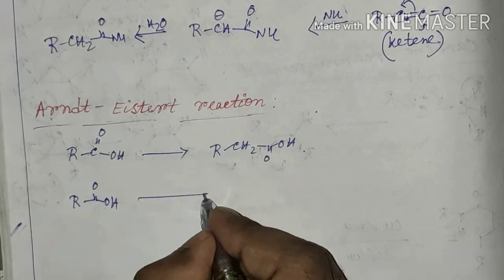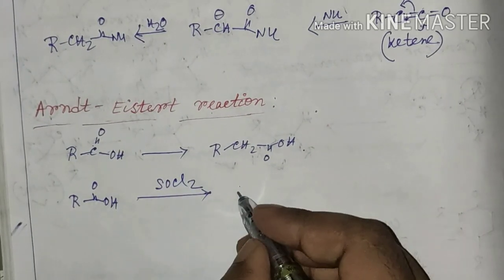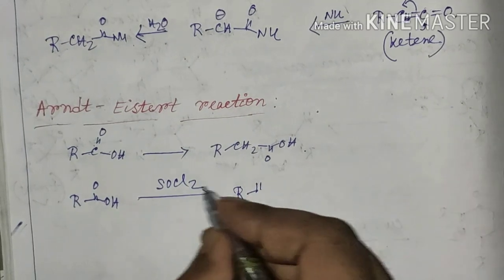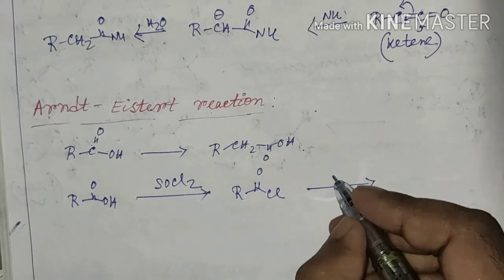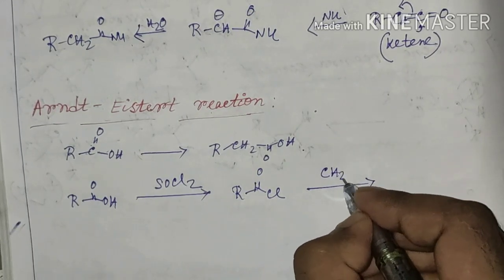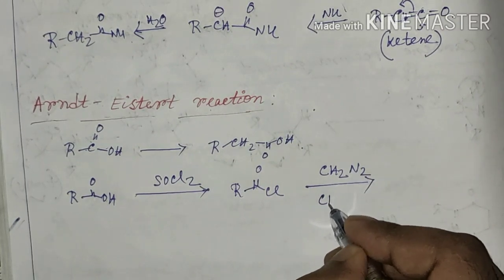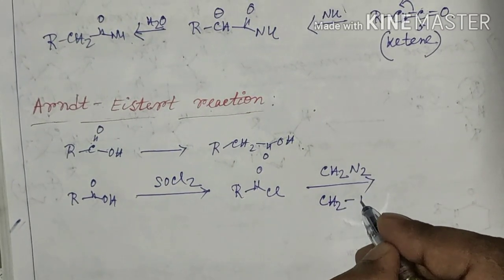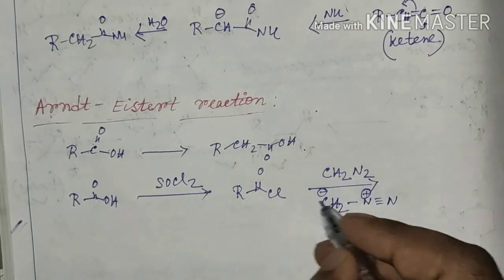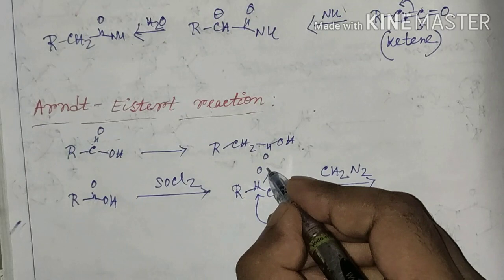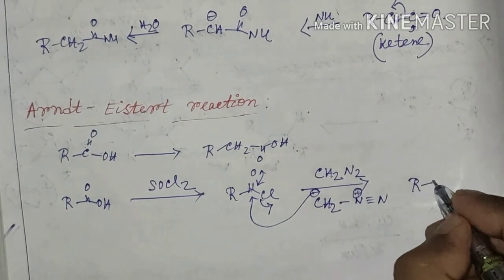At first the acid is converted to its corresponding acyl chloride by reaction with thionyl chloride, and then it is reacted with diazomethane, and one of the resonance forms of this diazomethane is like this. Here this anion will attack here and will eliminate the leaving group chloride.